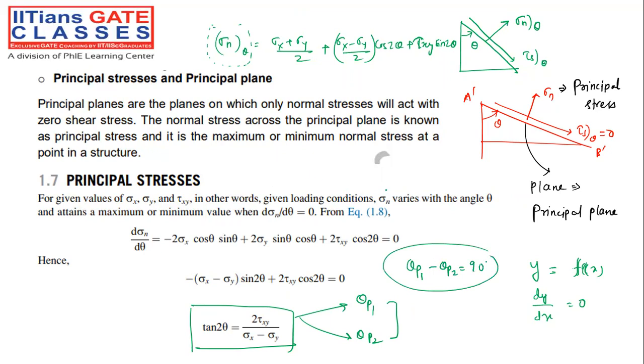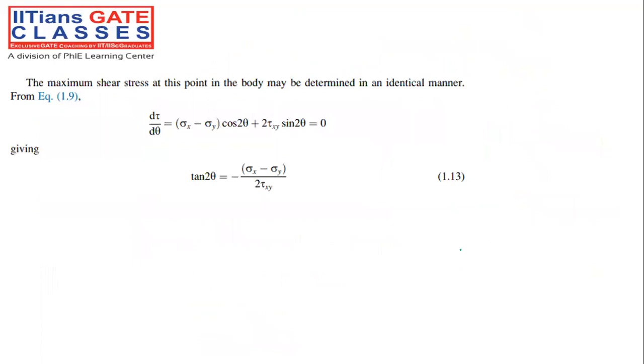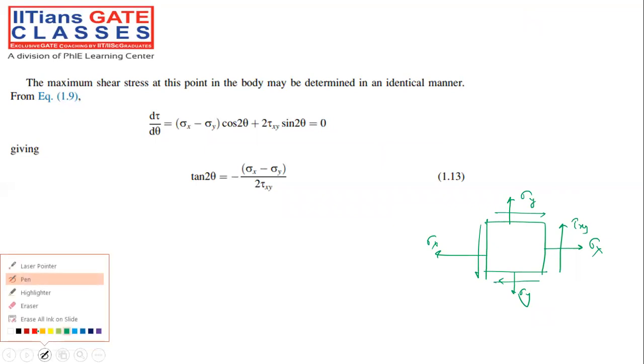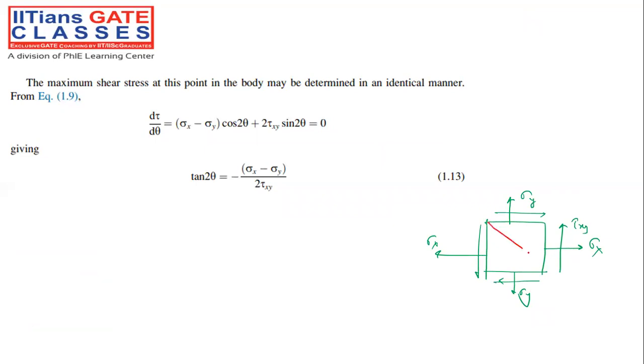What is the meaning of that? Suppose one plane is there, you are applying the force like this, and you have the tau xy. My dear friend, understand, there will be one plane and there will be another plane. Here we have sigma 1, here we have sigma 2.